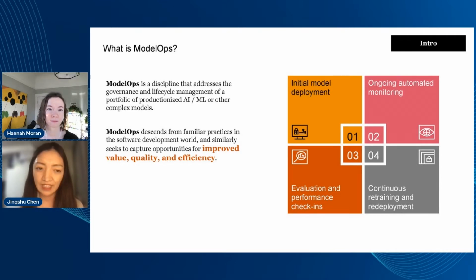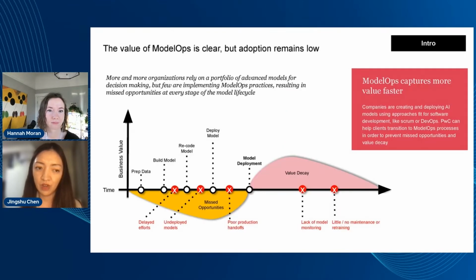It includes activities and capabilities such as initial model deployment, ongoing automated monitoring, evaluation and performance check-ins, and continuous retraining and redeployment. In the life cycle of a model, the business value is changing all the time.